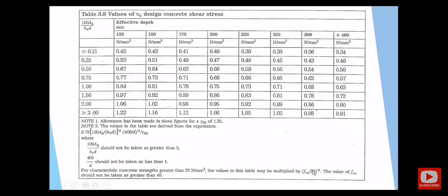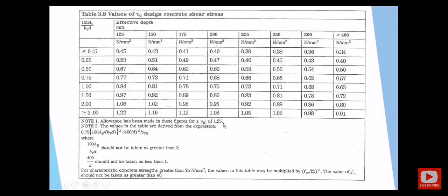If you have a concrete strength greater than 25 megapascal, this value should be multiplied by (FCU divided by 25) to the power 1 over 3. This is again a repetition of what you have taken in shear checks for slabs. It is the same equation applied for slabs and applied for beams. From this table, we get the VC.